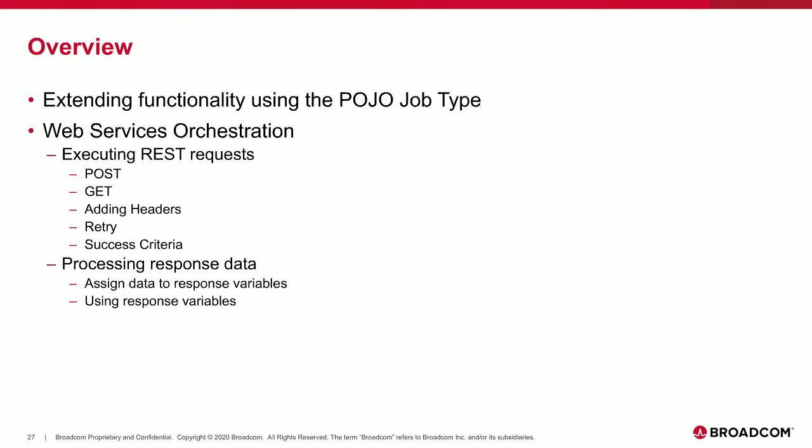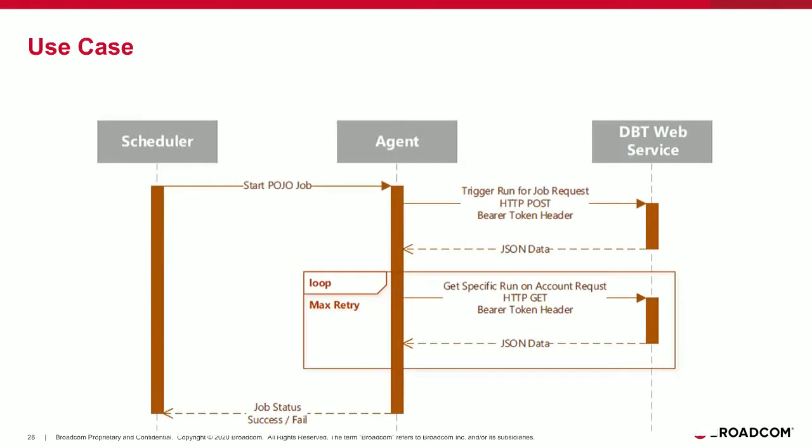There are various aspects of web services orchestration that will be touched upon, which is both making REST calls and all the different attributes that you can change when you make a REST call, as well as the post-processing of the response that's returned from the RESTful web service. The particular use case I'm going to cover is using a third-party application, a real-world application that we actually did an integration with, working with a customer.